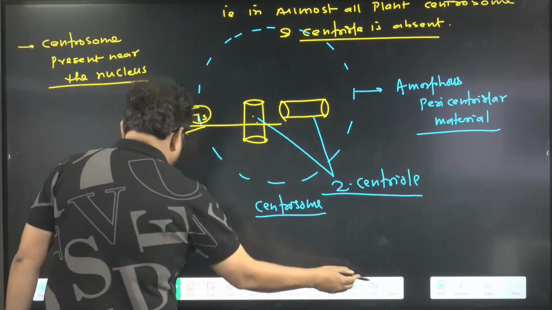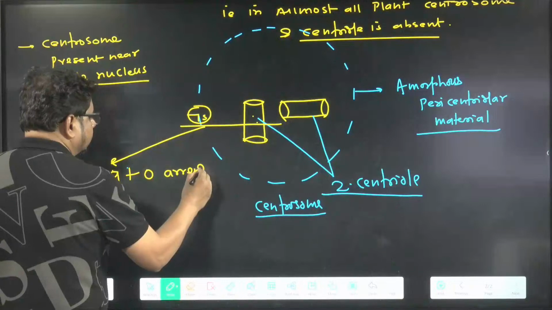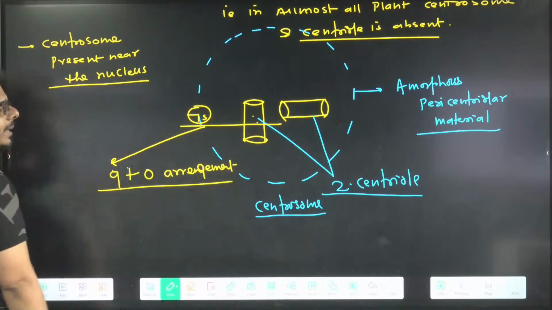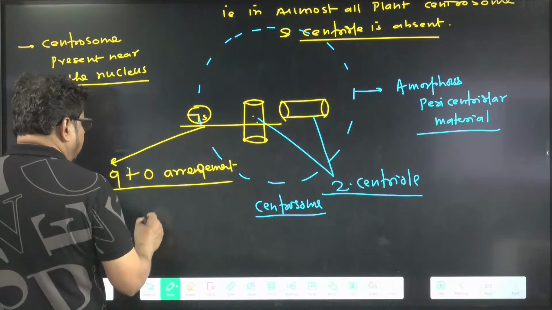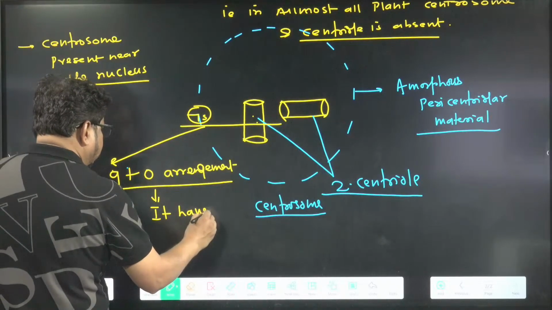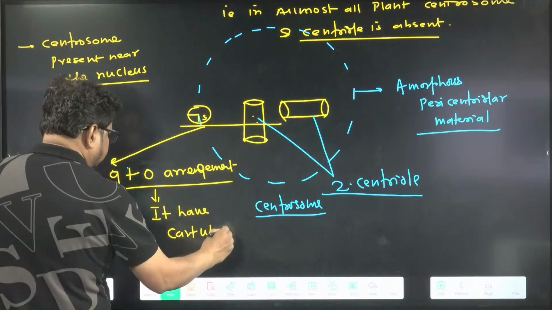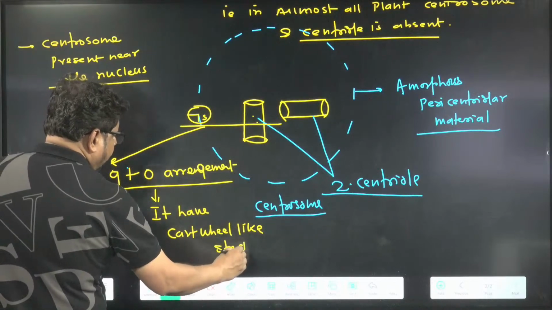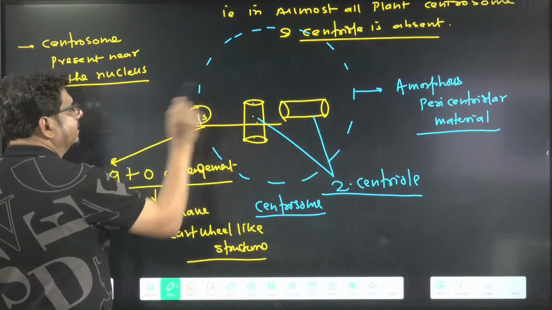Which arrangement is there? 9 plus 0 arrangement is present in centriole. And it has a cartwheel-like structure. Who has a cartwheel-like structure? Centriole has a cartwheel-like structure.